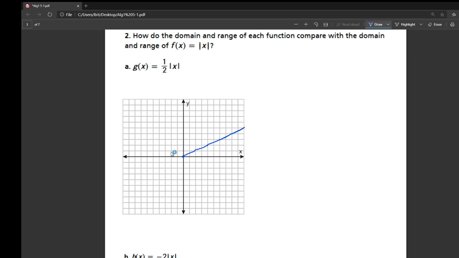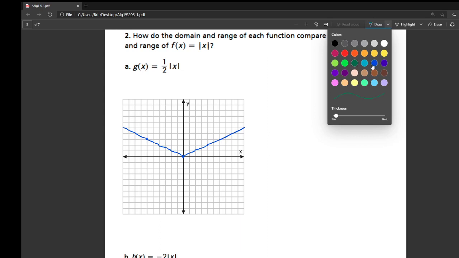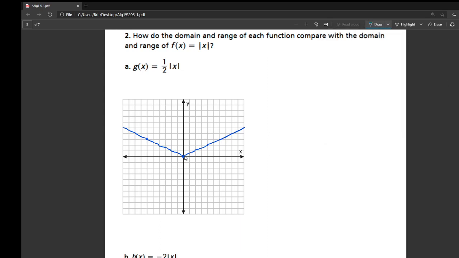Y'all know that the struggle's real for me though. Alrighty, so there is our graph. Now if you notice, this is a compression from the original graph, because the original graph goes like this with a slope of 1. So you can see that that 1/2 really flattened the graph out.